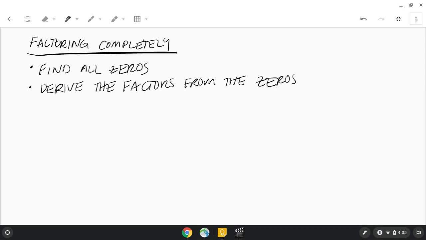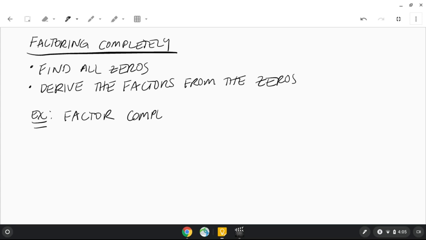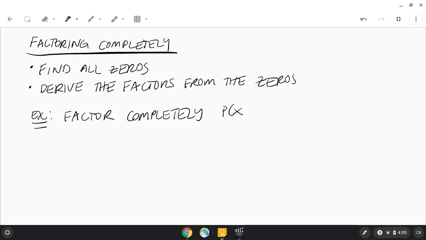Okay, so for example, if I have to factor completely p of x, which equals x cubed minus 3x squared plus x minus 3.